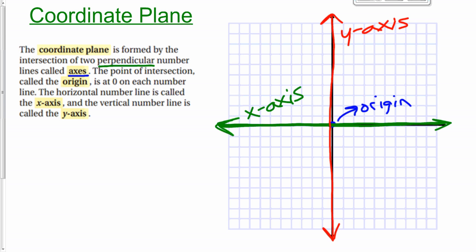And basically, if you look at this here, we've got four different places that points can end up. They're either going to be right on one of those axes, or they're going to be in one of four quadrants. So you can see that this is broken up into four different spots. So this is quadrant 1. They use Roman numerals for these usually, I don't know why.